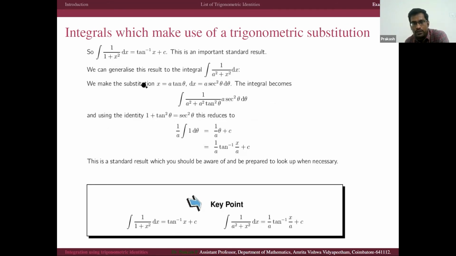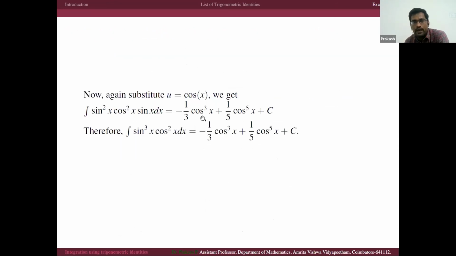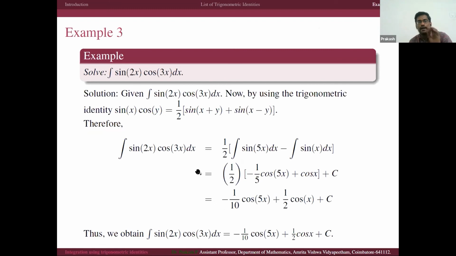Here also, if we use the trigonometry substitution, then we can easily evaluate that integral value. So whenever the integrand involves trigonometry functions, we need to know some trigonometry identities, because we can solve this problem and other problems in many ways, not only in this way.